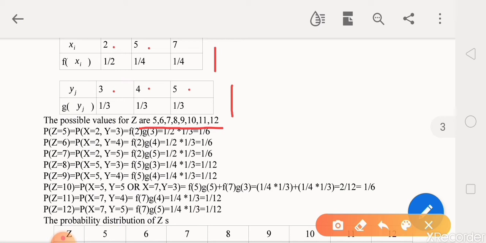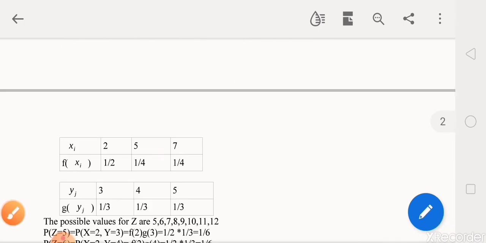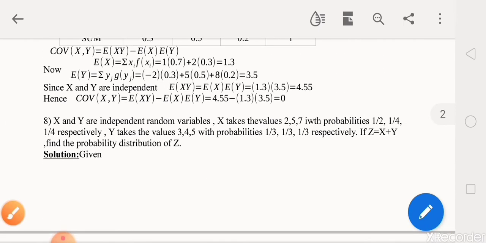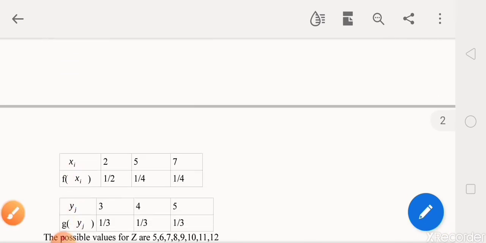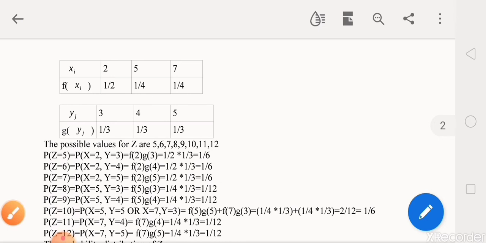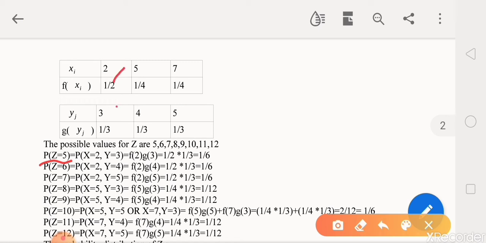Probability when z equal to 5. Observe one thing. They have given that x and y are independent random variables. So probability when z equal to 5, we can get z as 5 if we have x equal to 2 and y equal to 3.